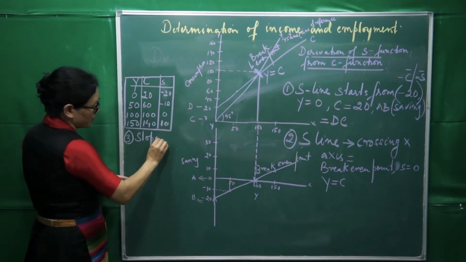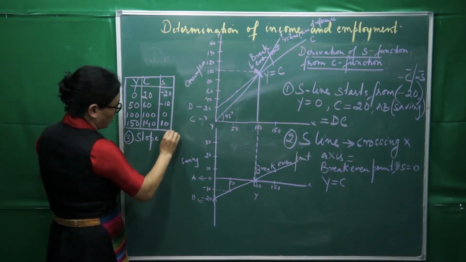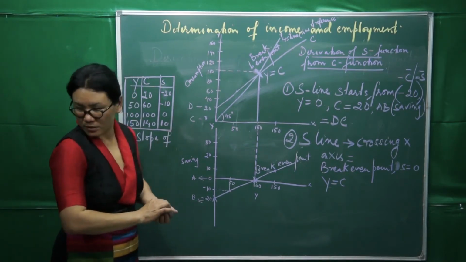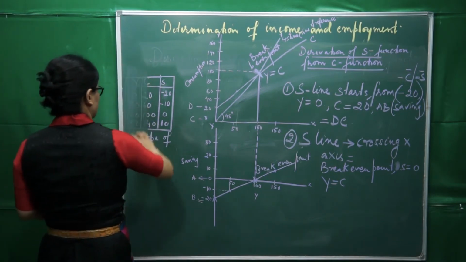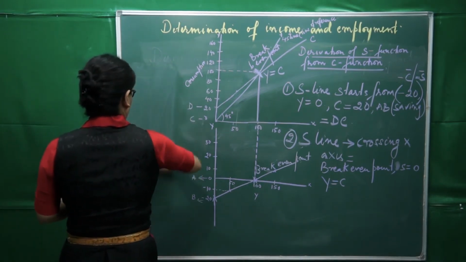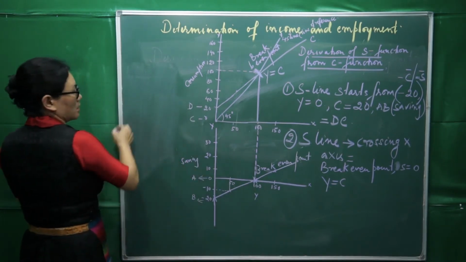Then the third one is the slope of the saving line. Third one, right?